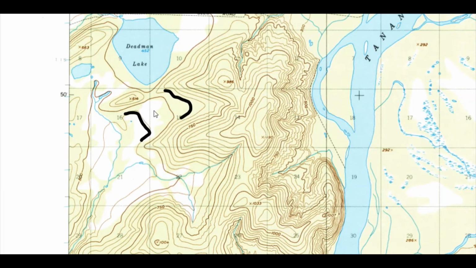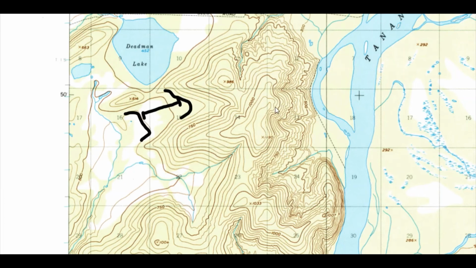When you see that two contour lines or many contour lines are far apart from each other, that indicates it is a very gentle slope, or even maybe near flat. Over this whole area, it only rises 100 feet.